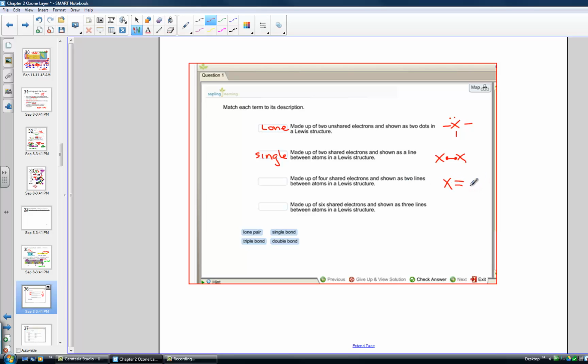So we would see this as what we refer to as a double bond. 4 electrons because each line represents a shared pair. And of course 6 shared electrons would look like this. We'd have 1, 2, 3, 4, 5, 6 electrons all being shared and denoted with 3 lines. There's your triple covalent bond.